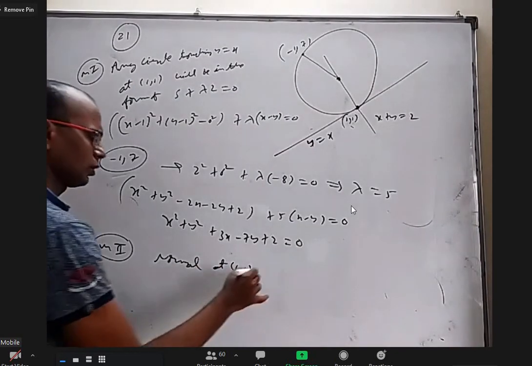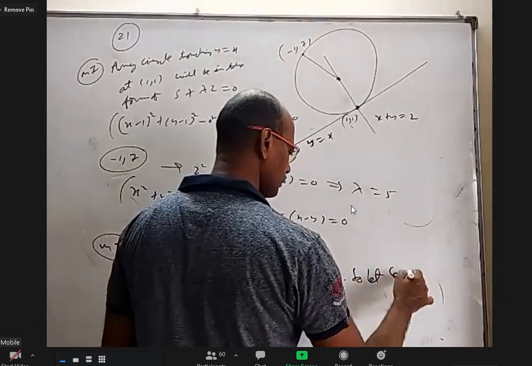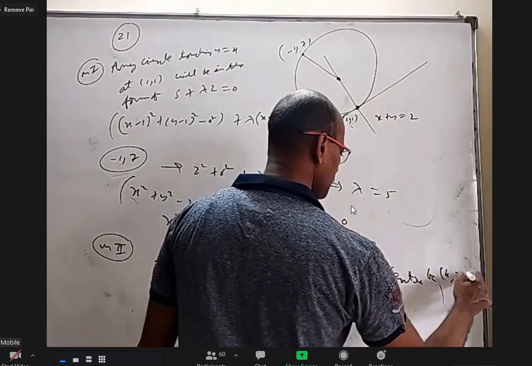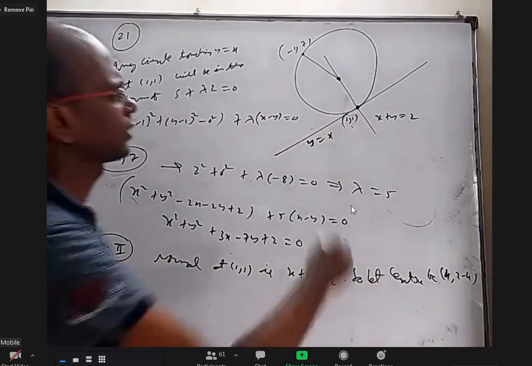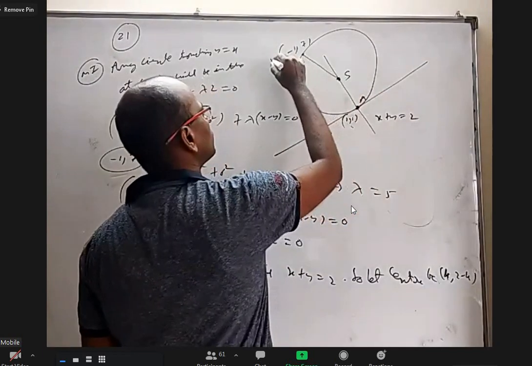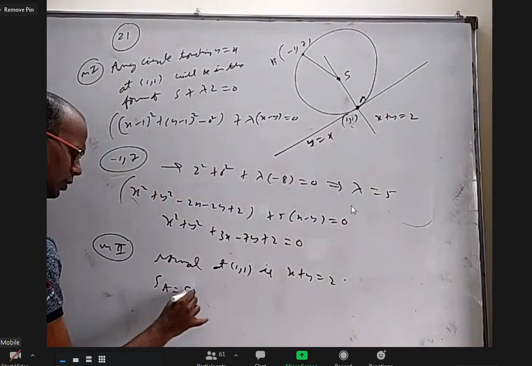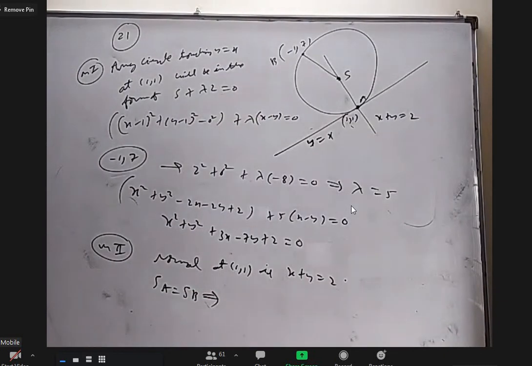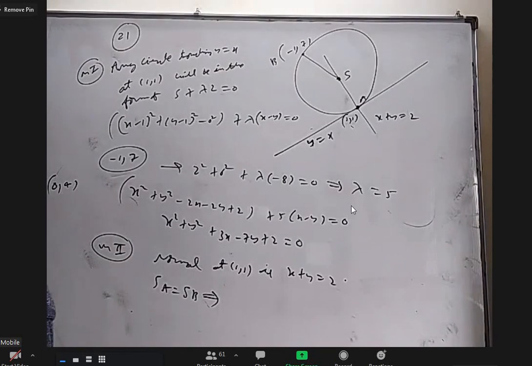Normal at 1, 1 is x plus y equal to 2. So let the center be k comma 2 minus k. Or somebody can use SA equal to SB also. SA equal to SB, what does it equal? This point is 0, comma, the slope is 6 y minus 2.